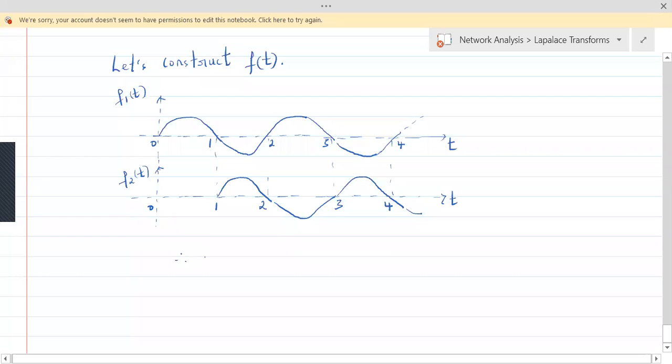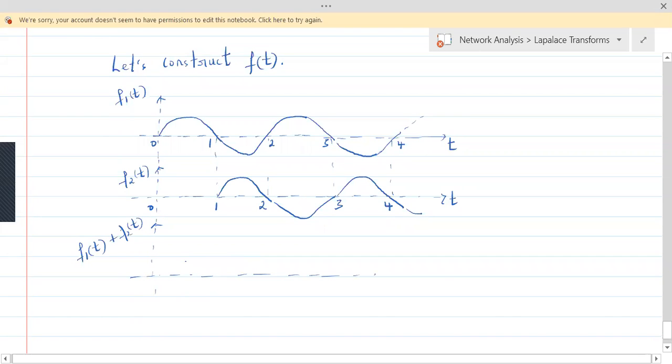So therefore, f of t can be written as what? Suppose we do f1 of t plus f2 of t, what would be remaining here?